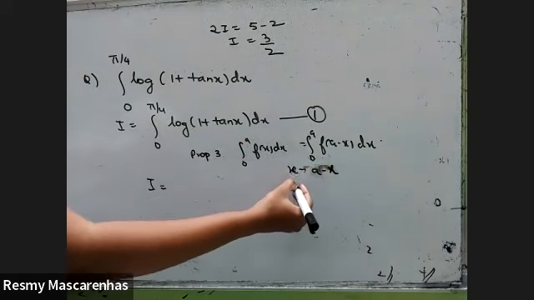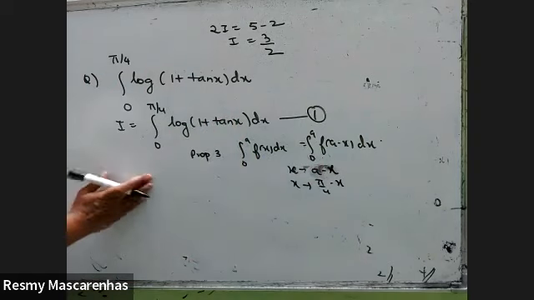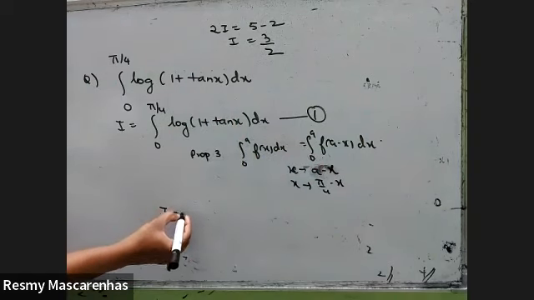So x can be replaced by pi by 4 minus x. So wherever there is x, I replace it by pi by 4 minus x.